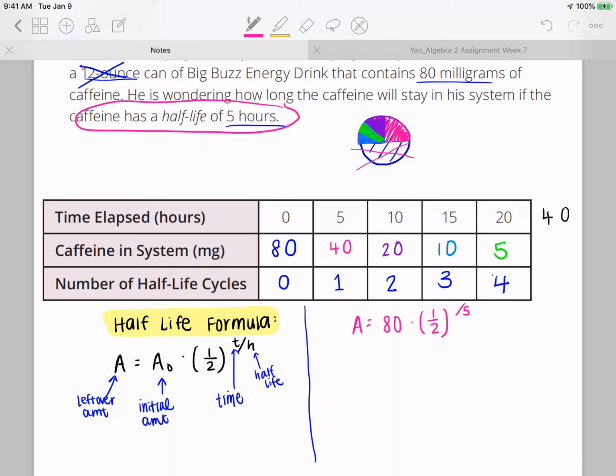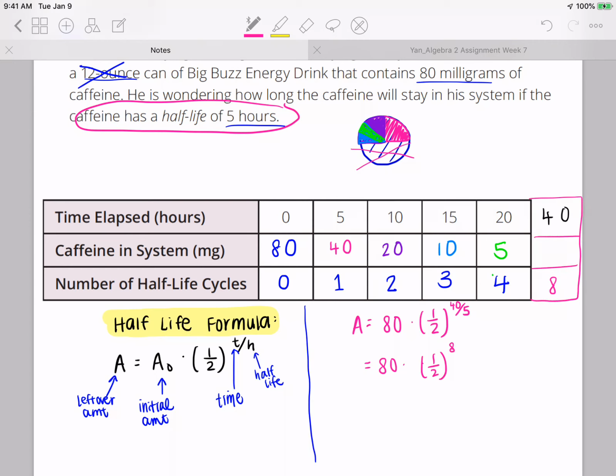It says right here. And then the top number would be 40. And then we have 80 times 1/2 to the 40 over 5, which is 8. And right there, we know that the number of half-life cycles would be 8.